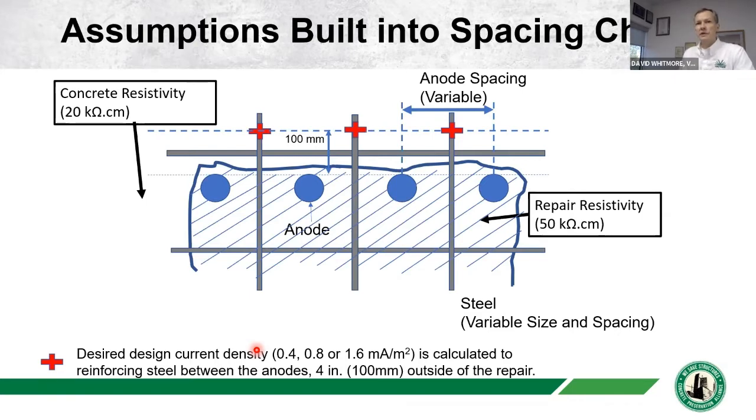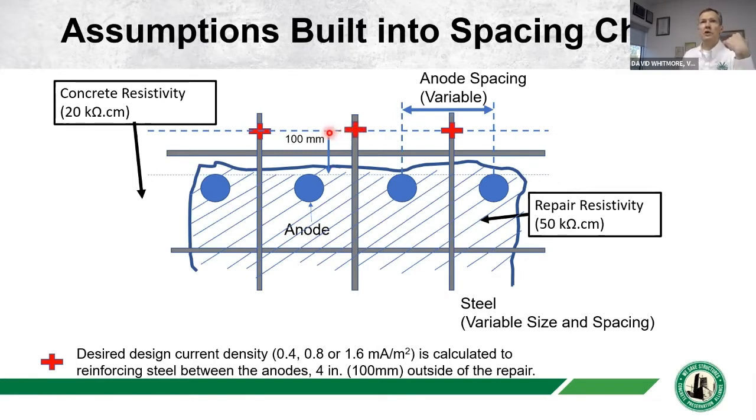And those design current densities are calculated to the reinforcing steel at a position that is halfway between the anodes and 100 millimeters outside of the repair. So at this location here, or this location here, 100 millimeters into the parent concrete, halfway between the anodes, that's where the design current density is calculated.